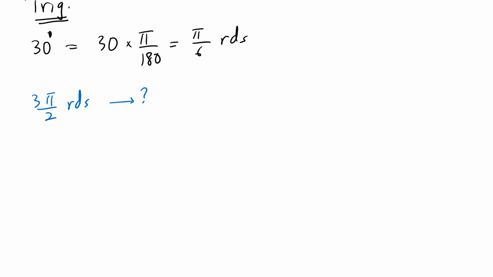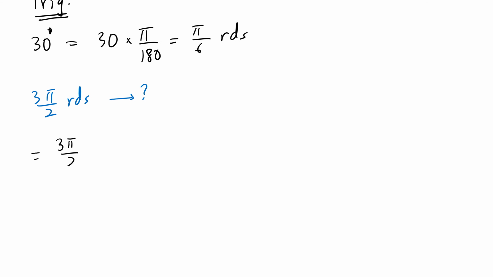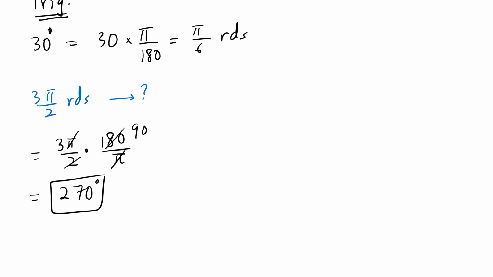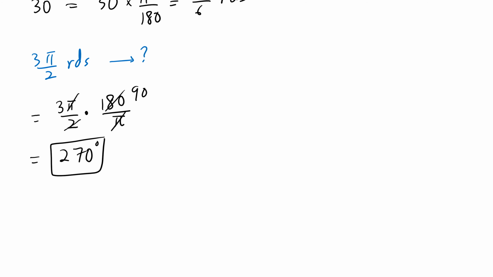Well, this is 3 pi over 2 times 180 over pi. You always multiply by 180 over pi. The pi cancels, 2 into 180 is 90. So that gives us 3 times 90, which is 270 degrees. So 3 pi over 2 radians is 270 degrees.